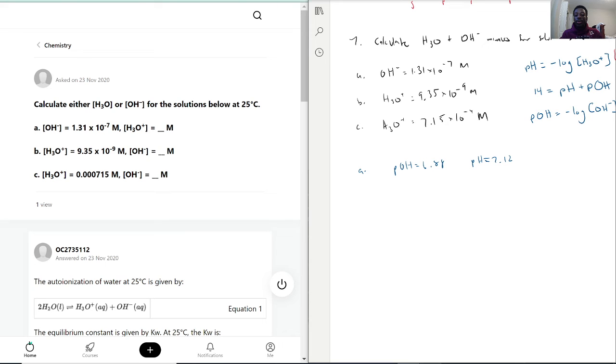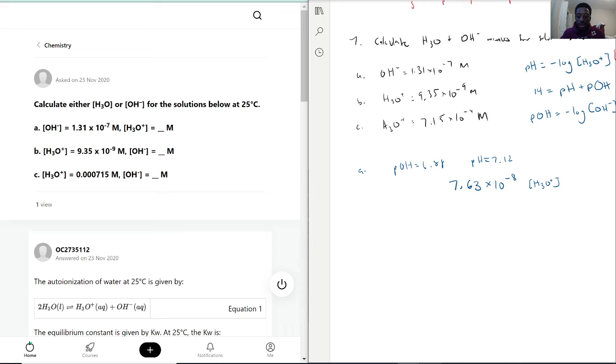Just making sure I'm counting right, because I want to put the right exponent. 1, 2, 3, 4, 5, 6, 7, 8. We have 7.63, because we have three significant digits, so 7.63 times 10 to the negative 8 for the concentration of H3O plus. That would be for A.